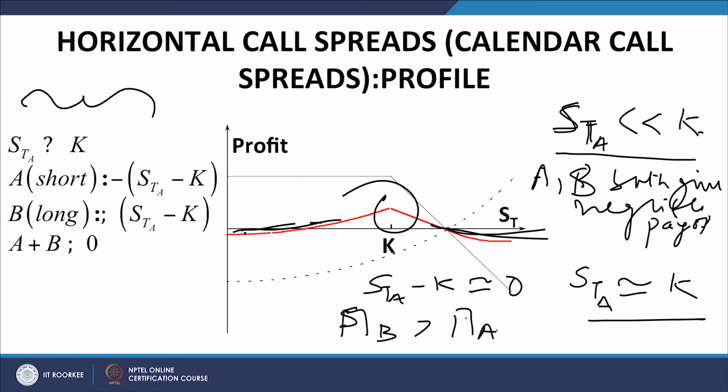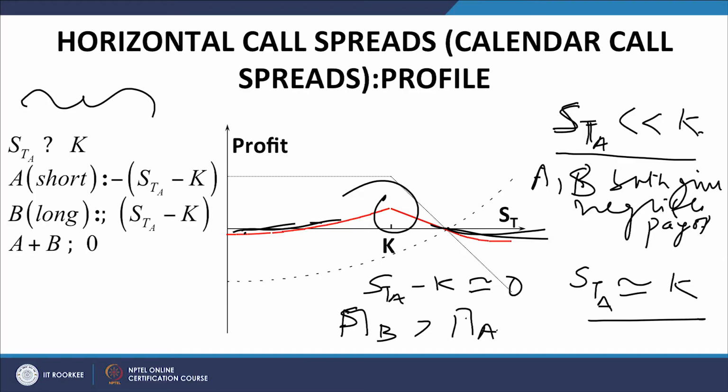So, this is the explanation of this particular calendar spread under the given circumstances. This is called a long calendar spread. A calendar spread where the shorter maturity option is short and the longer maturity option is long is called a long calendar spread.